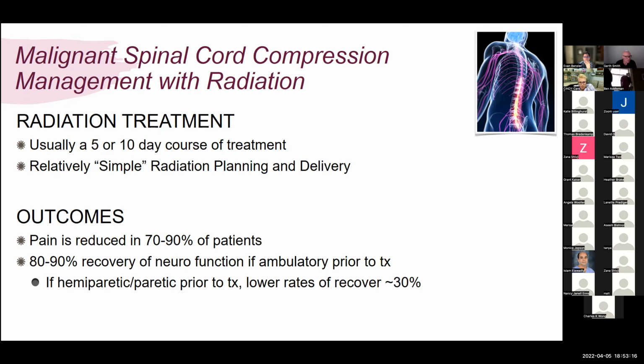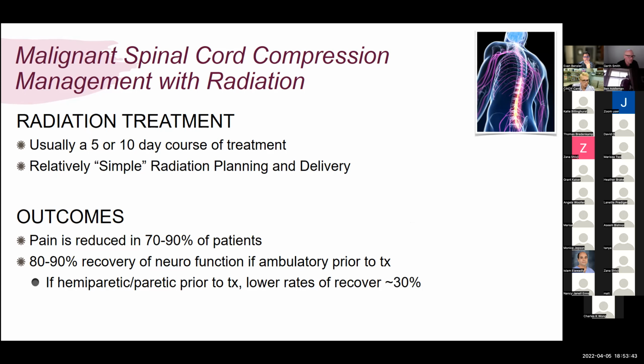If, however, the patient is not able to walk, they're hemiparetic prior to getting the radiation treatment, the rates of recovery are only about 30%. So obviously time is an issue. And sometimes getting that steroid started is enough to keep them still walking so that, again, they're more likely to have a greater benefit.